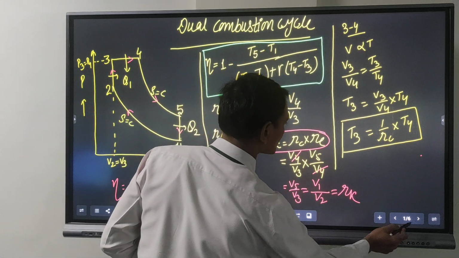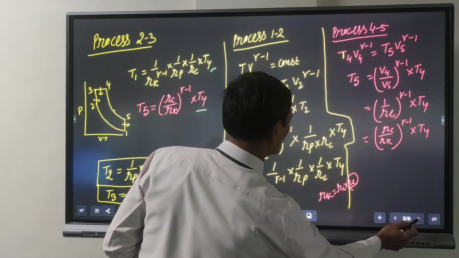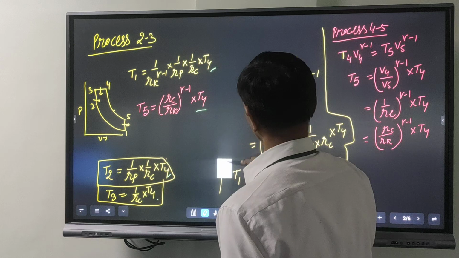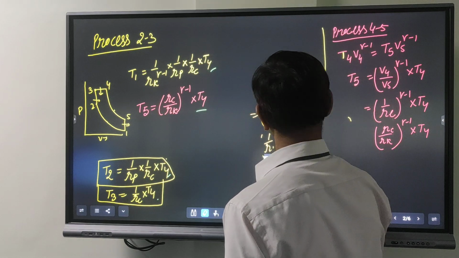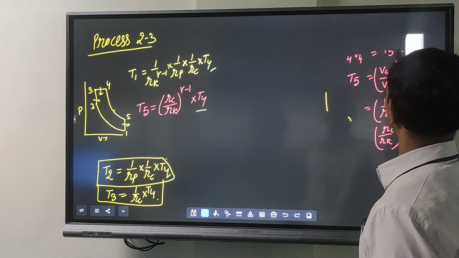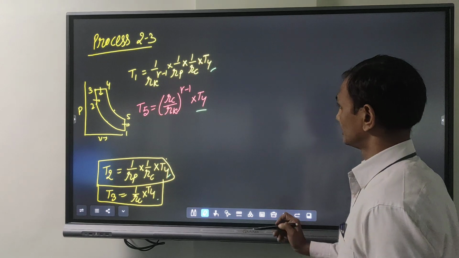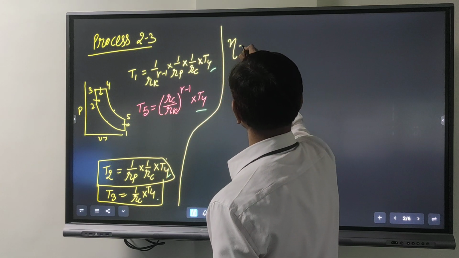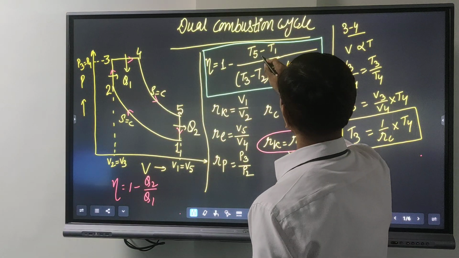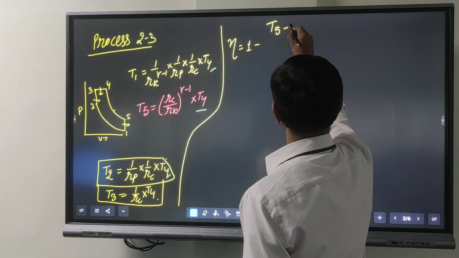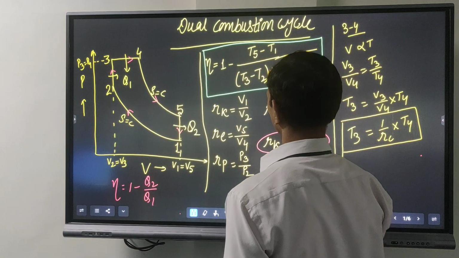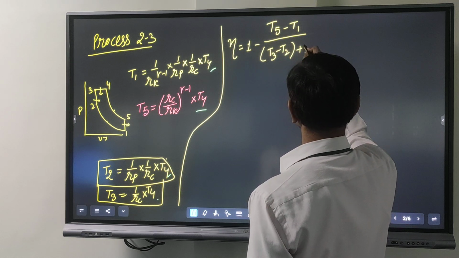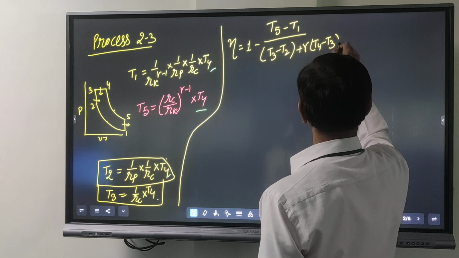Here efficiency is equal to 1 minus (T5 minus T1) by (T3 minus T2 plus gamma times (T4 minus T3)).